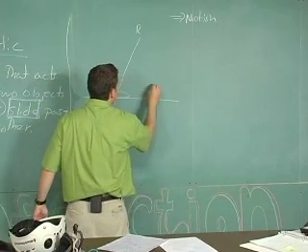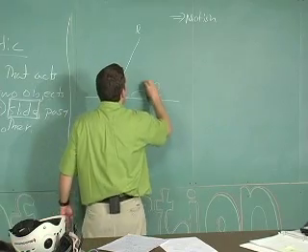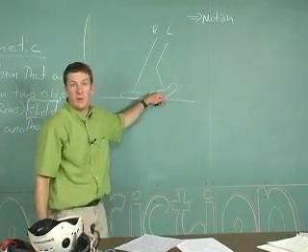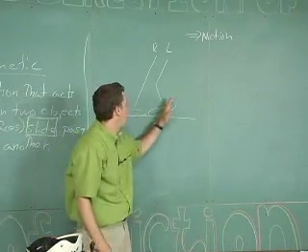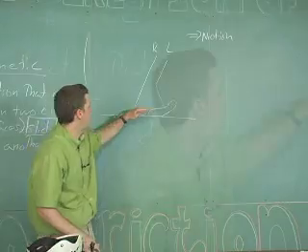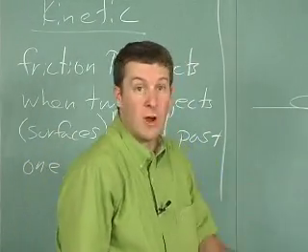Now the next foot here, we'll call that the left leg. The back foot here, the left leg, is the one that's dragging at this point. Okay, well, from this picture, we can now see the application of both kinetic and static friction.